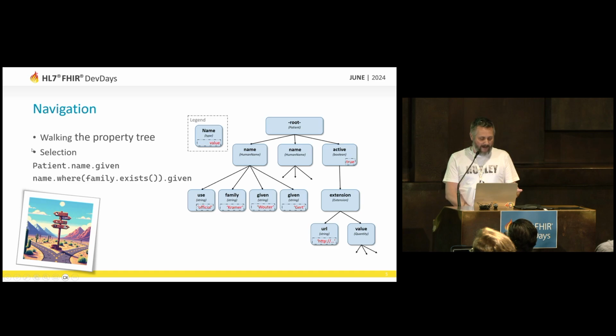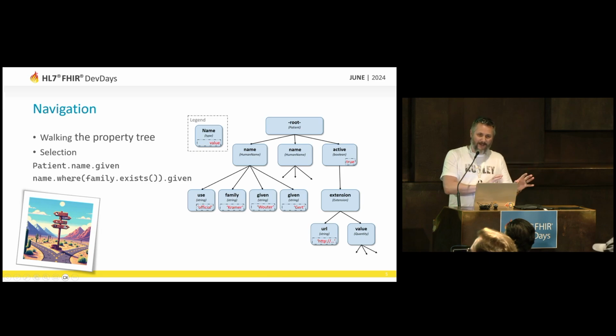Back in the previous one, we started at patient, but the patient as a type at the start is completely optional. If you happen to start here and your expression started with encounter, then it would go, well, I'm not one of those, and so it would stop and just return an empty set. Whereas here, just having the name, we walk straight in to those 2 name elements.